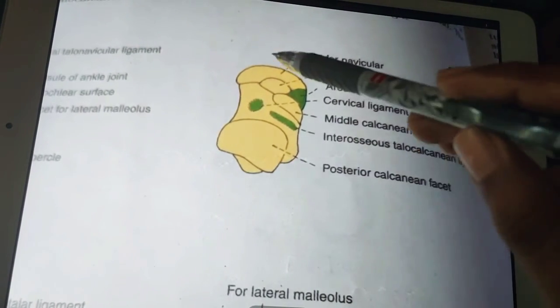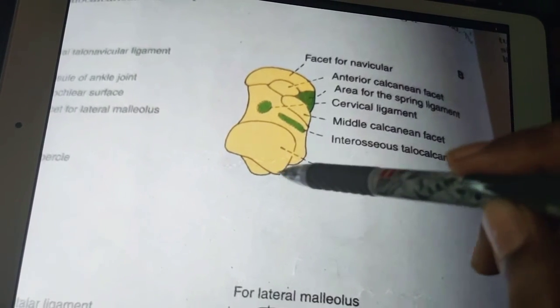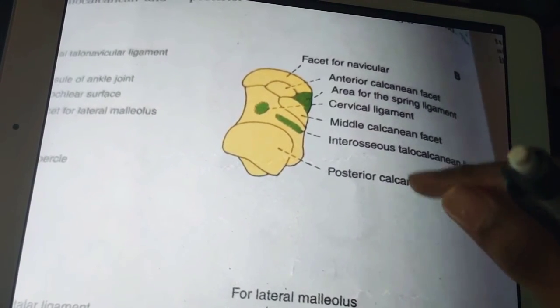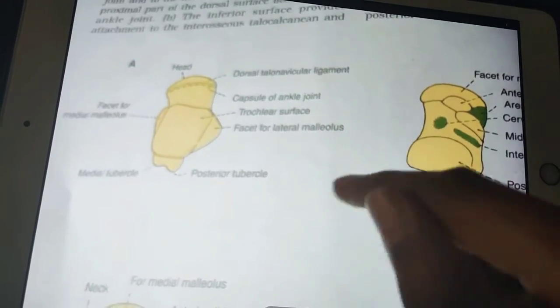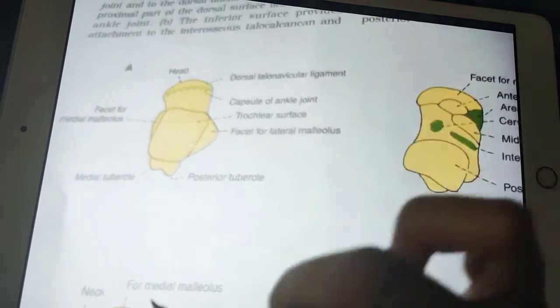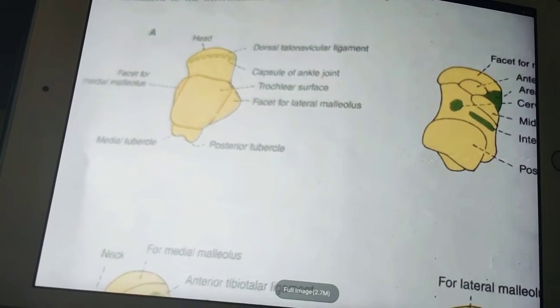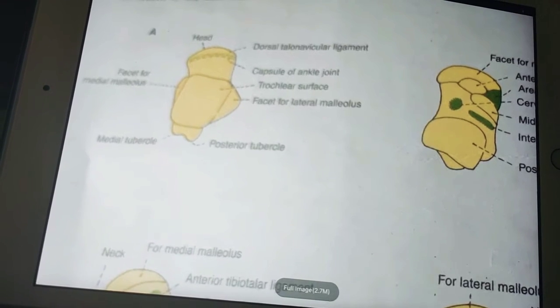So what do you understand? On the posterior side you have the facets for the calcaneus, because posteriorly it articulates with the calcaneus bone, whereas anteriorly it articulates with the head to the navicular posterior side.